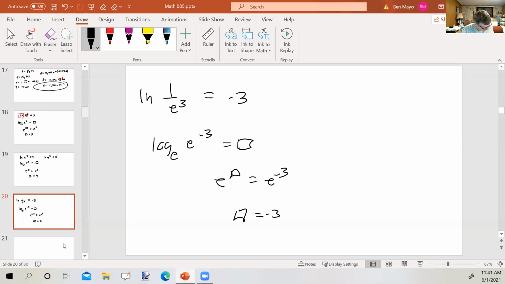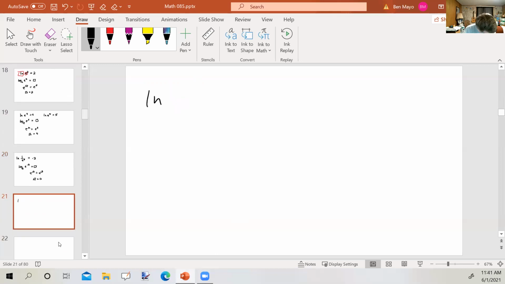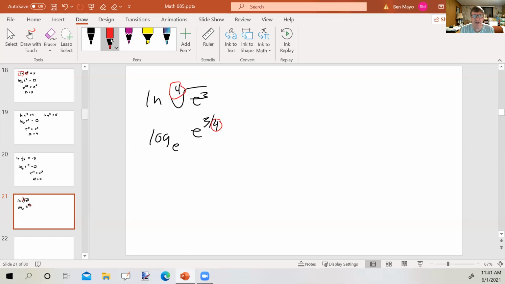All right. How about this one? The natural log of the fourth root of e cubed. Well, that's log base e of e to the 3/4 power. Remember that the index becomes the denominator of the exponent. Okay, so that's going to be equal to 3/4.